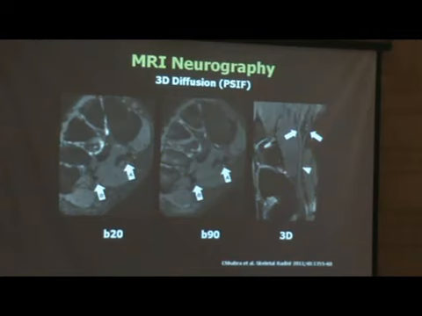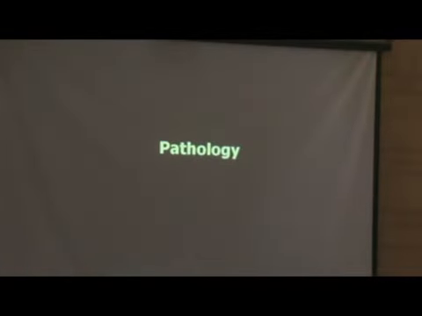So it gives a nice overall view of the morphology and the course of the peripheral nerves. Okay, let's go through pathology. I'm not going to show you all cases, all types, all sorts of pathology. This is not the objective of this lecture. It's much more to show you some pathology leading to entrapment regarding the anatomy we saw before.